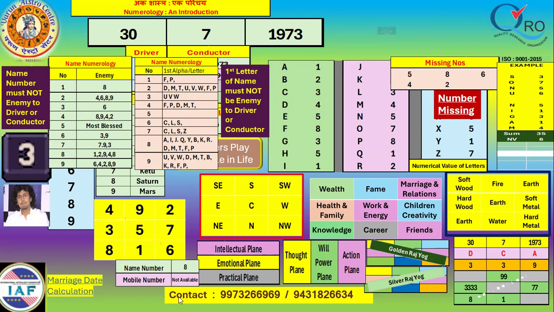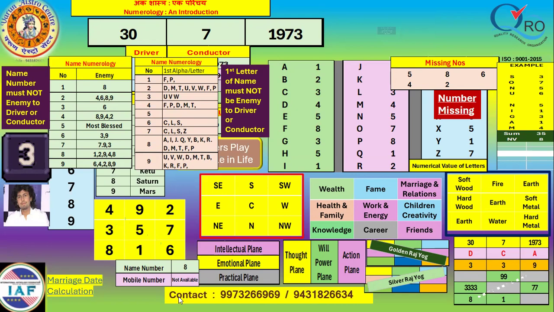So these are the impacts of the missing numbers. For this native, 5, 4, 2, 6, these four numbers are missing. If 2 is missing, the native is lacking in sensitivity and intuition. Consequently, the native can make many mistakes by ignoring the still small quiet voice within. So the inner voice can be ignored.